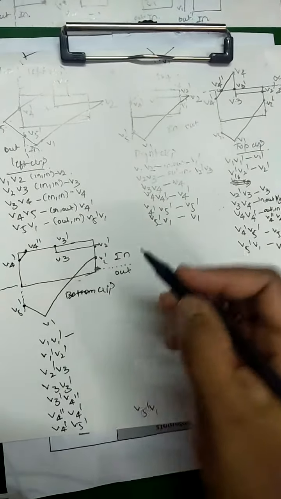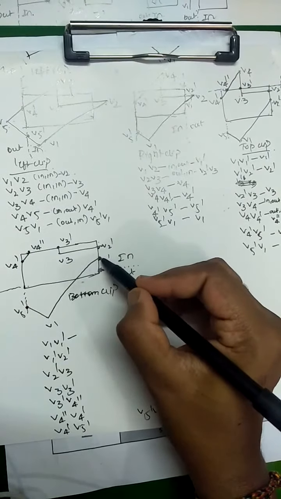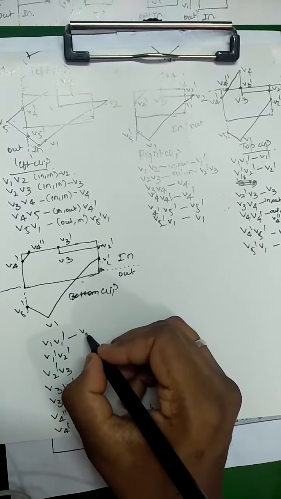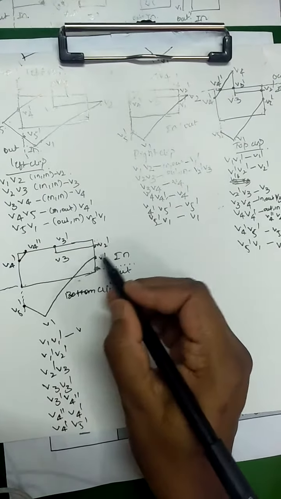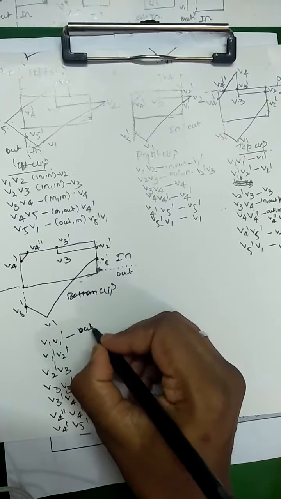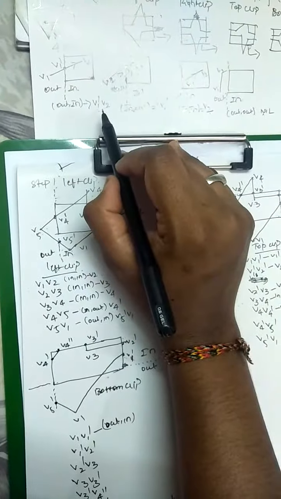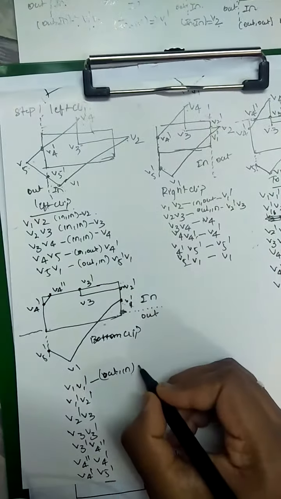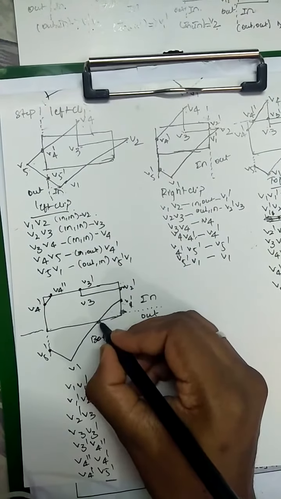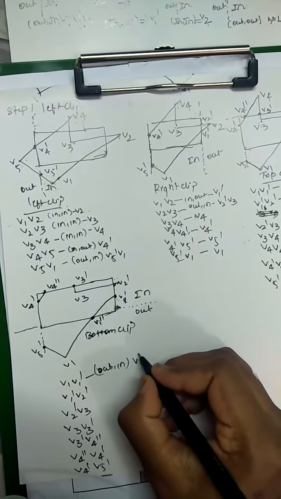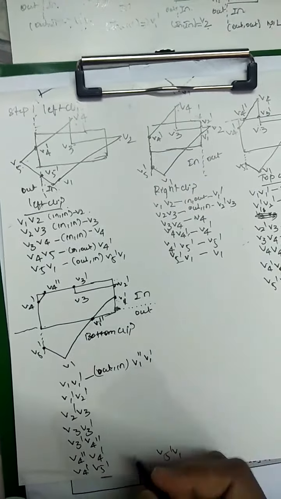So v1 dash, since they are falling inside the region, I'll take the second vertex v1. And v1, v1 dash, it is from out to in. If it is from out to in, then I have to take the outside point intersection and the second point, that is this intersection. I'll name this v1 double dash and the second point.